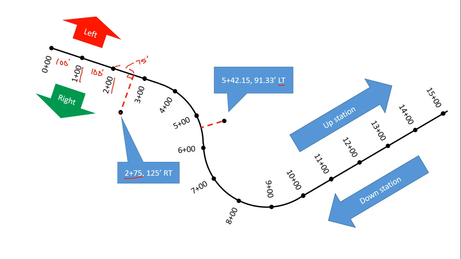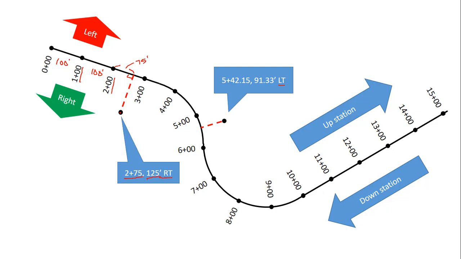We know that from that intersection point out to that object is 125 feet, and that is right of the baseline, so that's going to have an offset of 125 feet right. So that object is going to have a station and offset of 2 plus 75, 125 feet right.